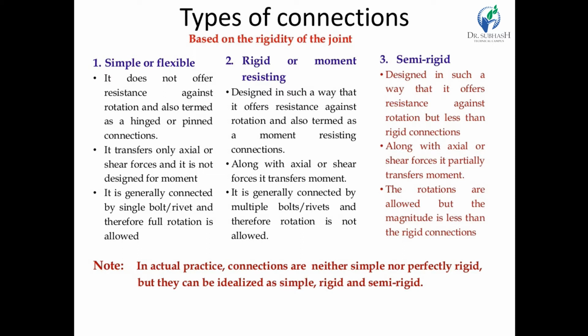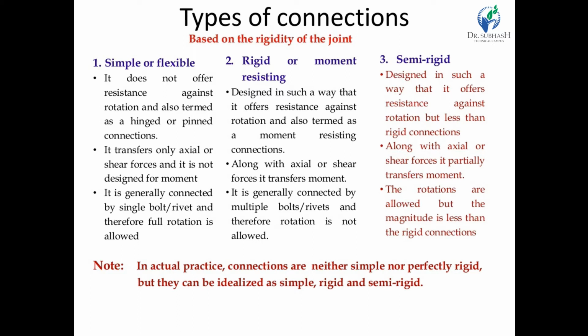Third one is semi-rigid connection. It is designed in such a way that it offers resistance against rotation but less than a rigid connection. Along with axial or shear force, it partially transfers moment. Rotation is allowed but the magnitude is less than in a rigid connection.